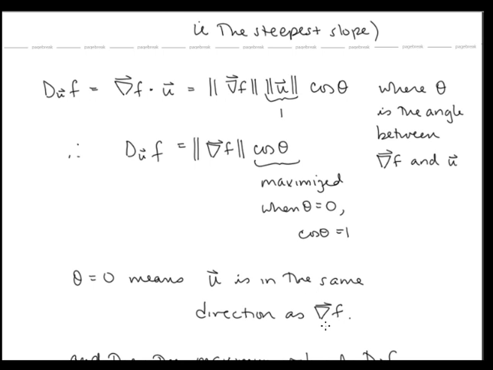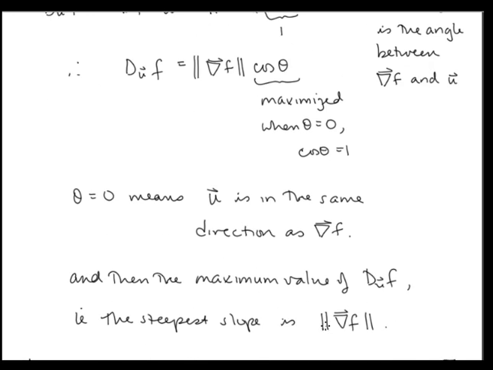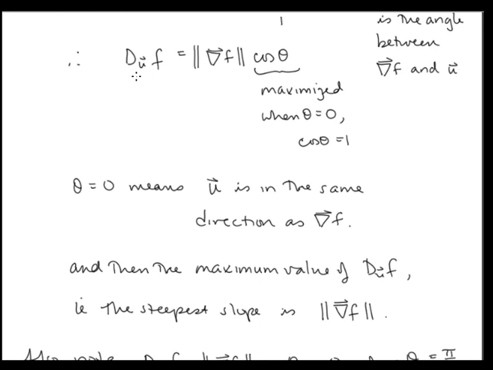So the directional derivative in the direction of the gradient is going to give us the maximum derivative. In other words, the maximum rate of change, the steepest slope. And notice that the maximum value of that derivative is then going to be the length of the gradient vector, because this is going to be 1 when theta is equal to 0. So that tells us the steepest slope we're going to get is in the direction of the gradient, and the steepest slope is the length of the gradient vector.